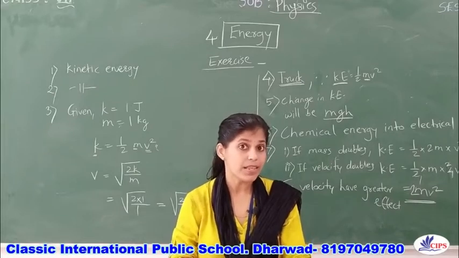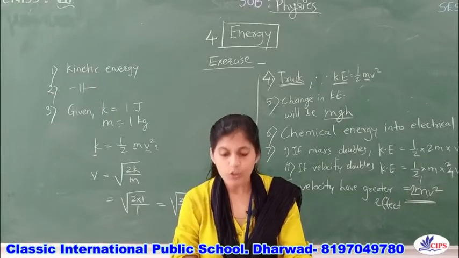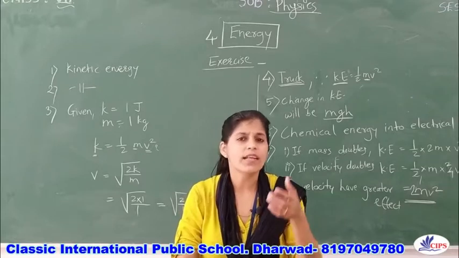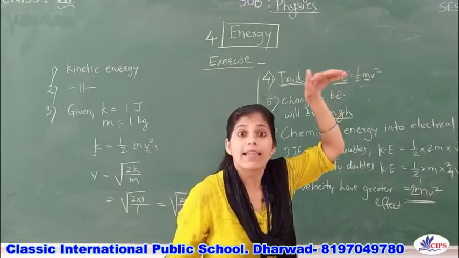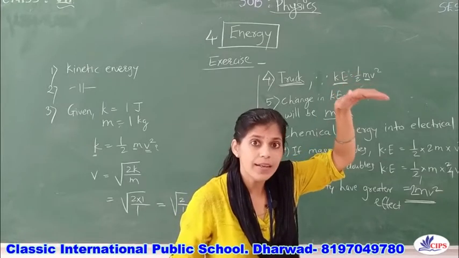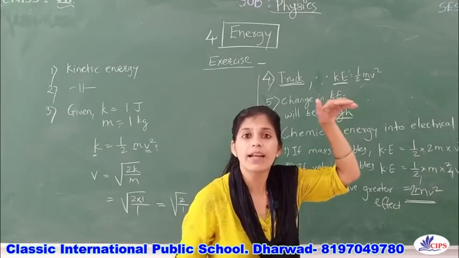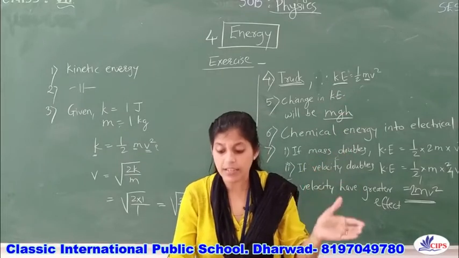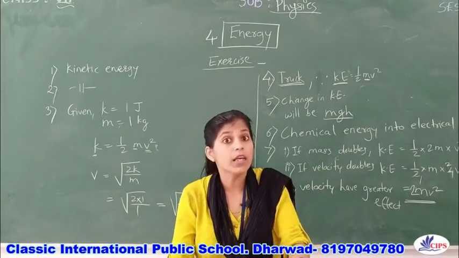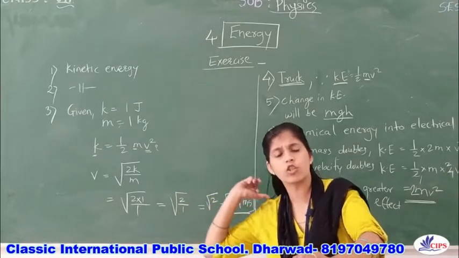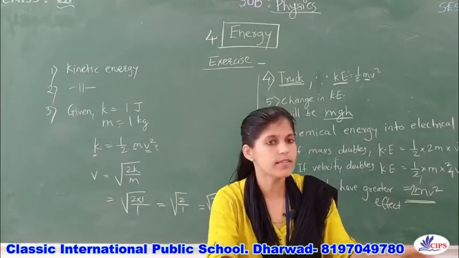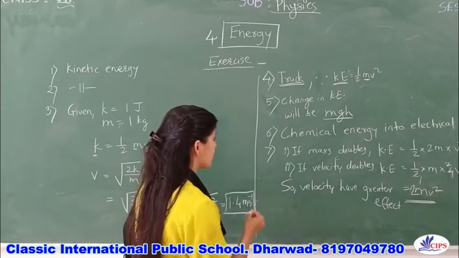Your velocity is getting decreased. So wherever velocity is decreased and the ball has reached a certain level, what will be increased at that level? Yes, your potential energy will be increasing, and it will become equal to the kinetic energy with which it is thrown. This is the ultimate truth and very interesting also.